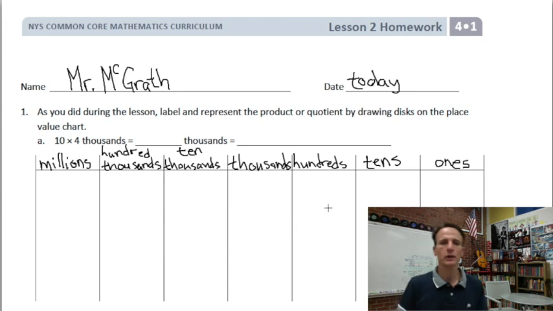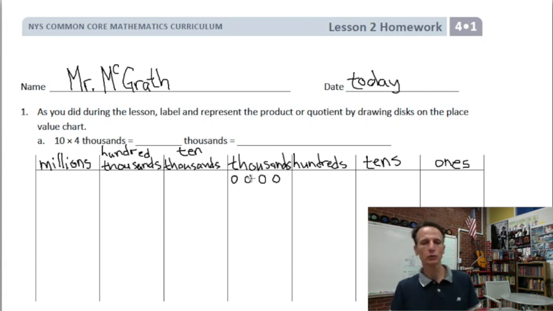All right, so now we are taking 10 times 4,000s in this example. So we'll start by drawing what? 4,000s. And remember, we want to space them out, not make them ginormous, because we know we're going to be drawing circles, discs rather, underneath these discs. So I want to leave room and space them out so that's possible. Okay, so 10 times 4,000s.